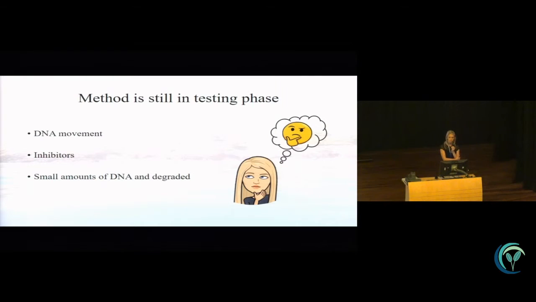Another experiment that I did was to see whether this extracellular DNA, so the DNA outside of cells, or the DNA inside of cells, is what you extract when you extract from soil. I did this by doing a normal soil kit, and most of the other studies actually just target extracellular DNA.